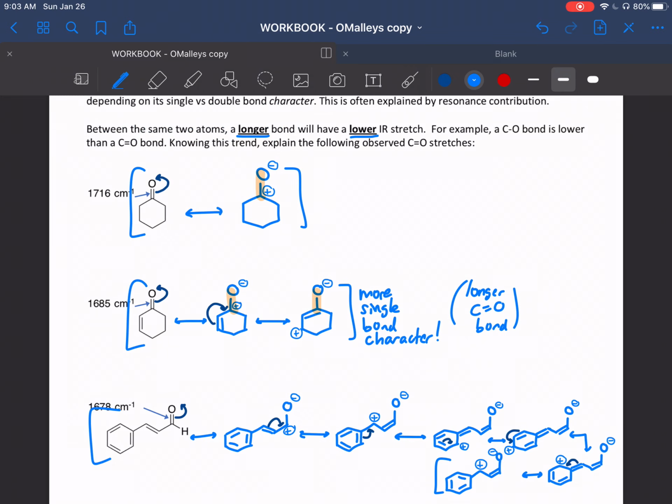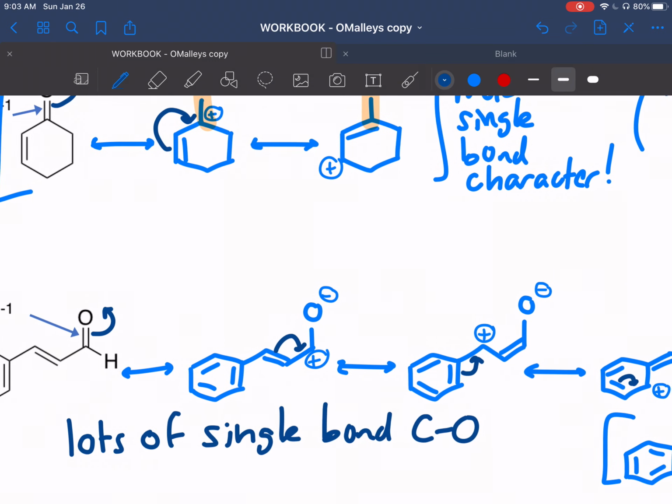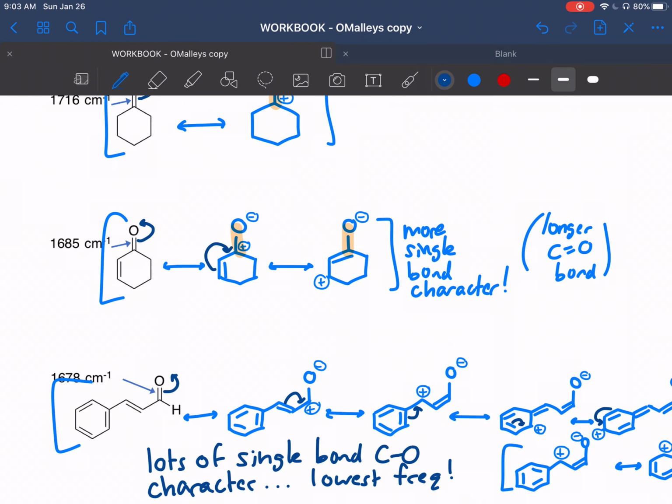So this one has a lot of single bond character, lots of single bond C-O character. And hence it is the lowest frequency. So for subtly different molecules like this, we can sometimes use this to explain the slight difference in location of where the signal shows up.